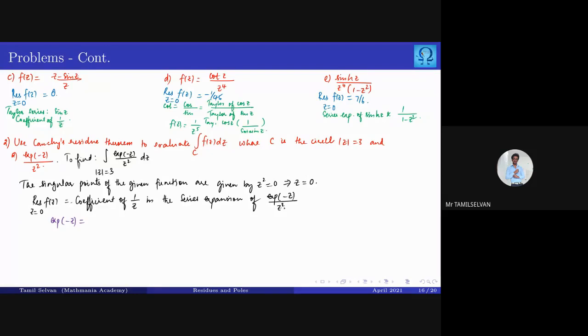Kavipriya. Sir, series expansion of exponential of minus z.